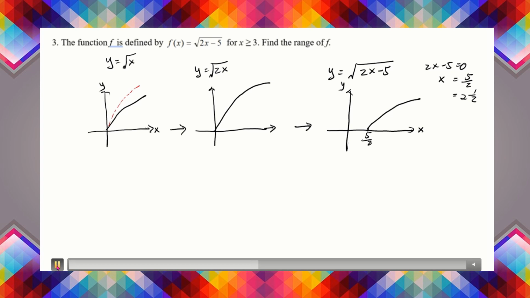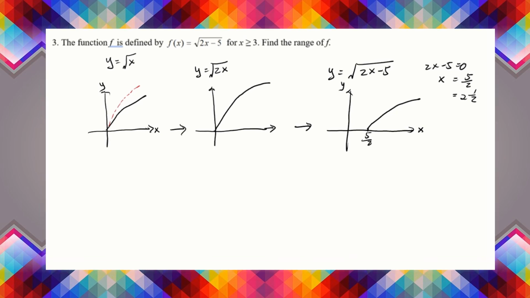Now when we look at this diagram, we can see that initially the domain of this function is x greater than or equal to 5/2, and initially the range of this function is greater than or equal to 0. But because the question has already changed the value of x, this is the new domain for this function.